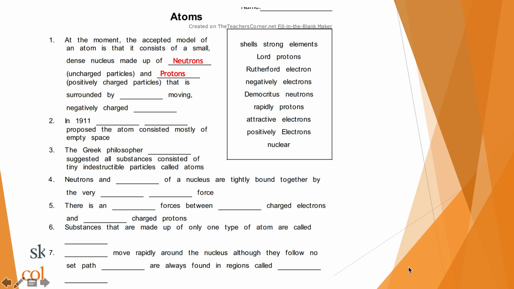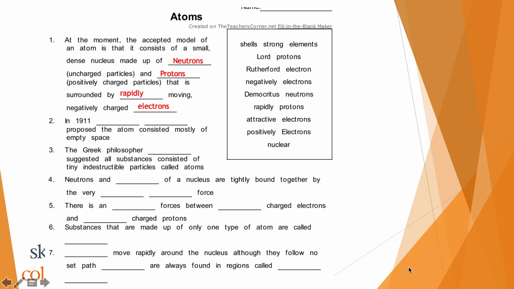That is surrounded by blank moving negatively charged blank. So what is negatively charged? We know they are electrons. And how are they moving? Well, they're moving really quickly, or rapidly moving. So they're surrounded by rapidly moving, negatively charged electrons.